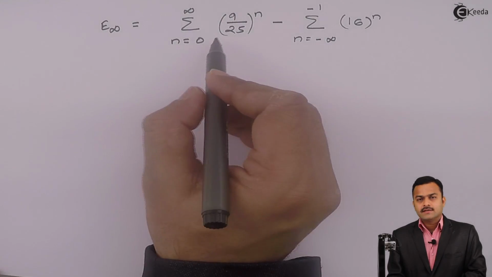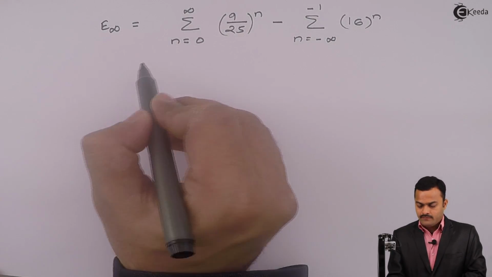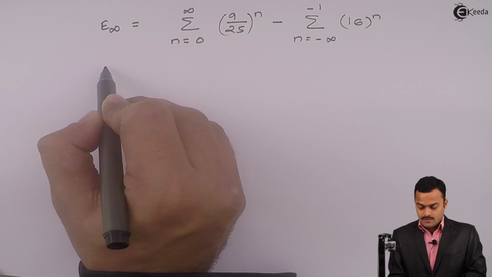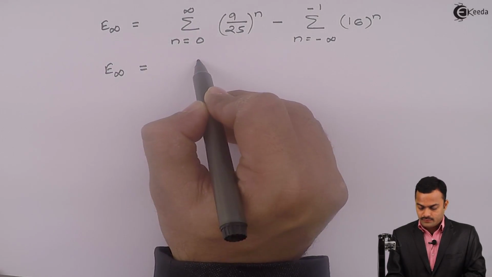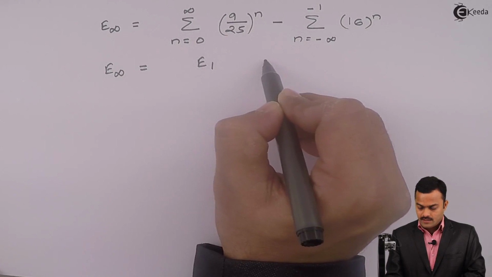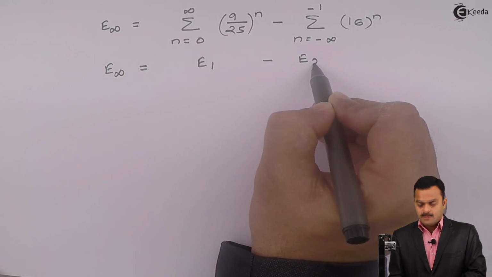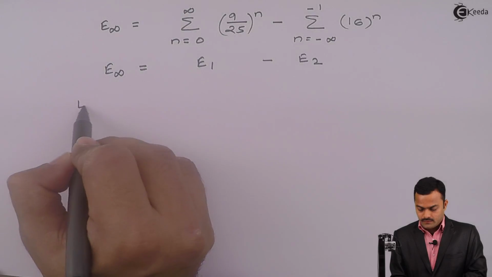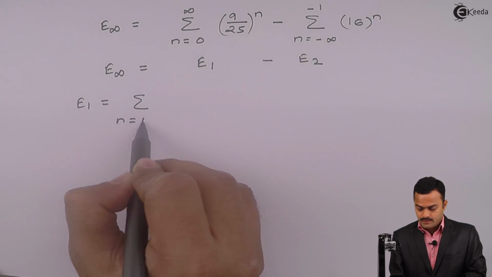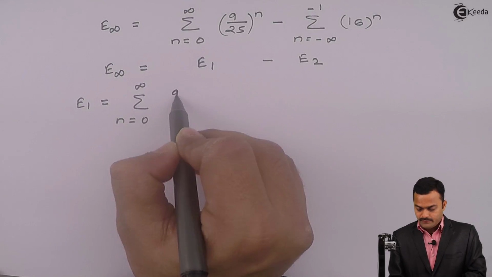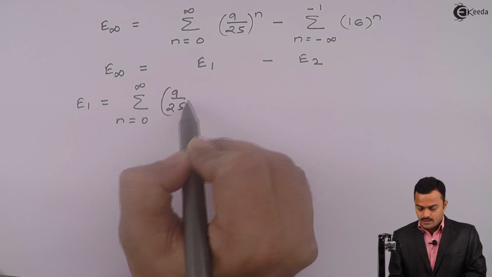I will consider this E infinity as the algebraic sum of two energies, E1 and E2, where E1 equals summation n equal to 0 to infinity of (9/25) raised to n.